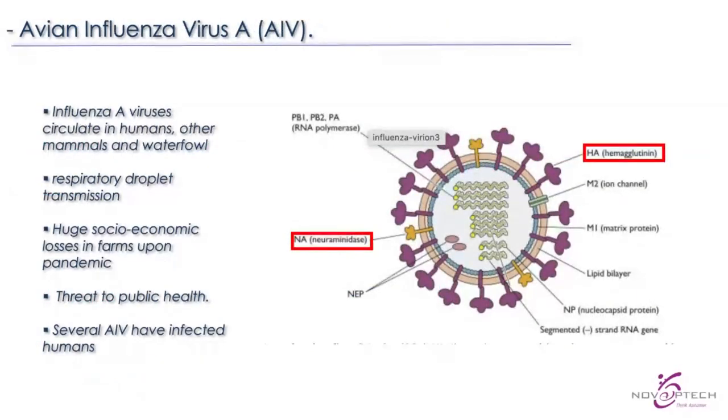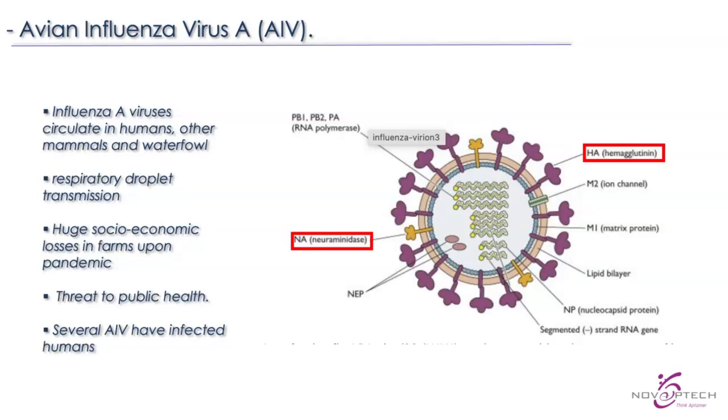So our goal is to obtain aptamers that can be included in a sensor for the detection of the avian influenza virus. Influenza viruses circulate worldwide in human beings, in different mammals, and in birds, and they are spread through respiratory droplets. This virus is responsible for huge economic losses in farms, especially for poultry.